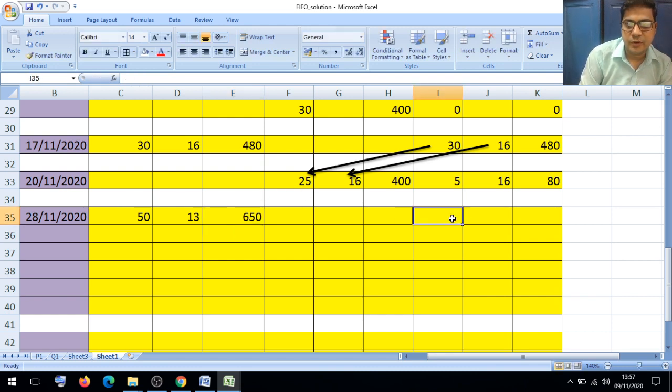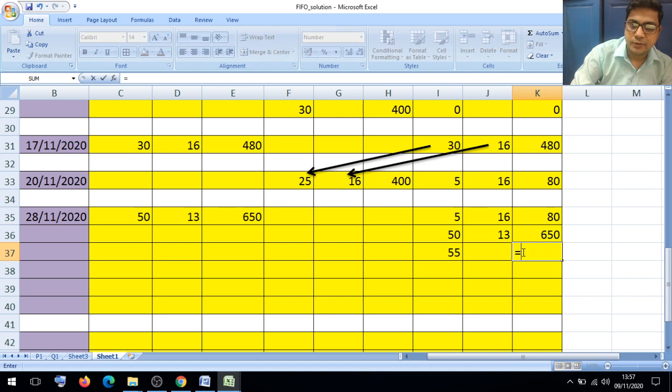So we have already closing balance 5. We have to keep as it is 5. Their rate 16, the value is 80. New purchase, we have to write here, new purchase 50 into 13, 650. So we have a total balance 55 units and 80 plus 650, 730.